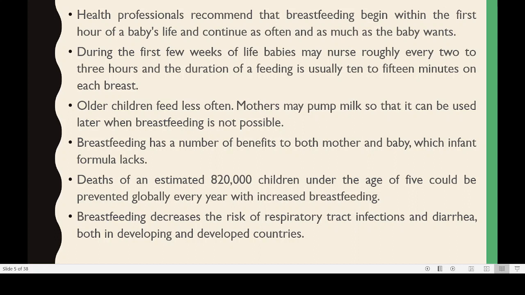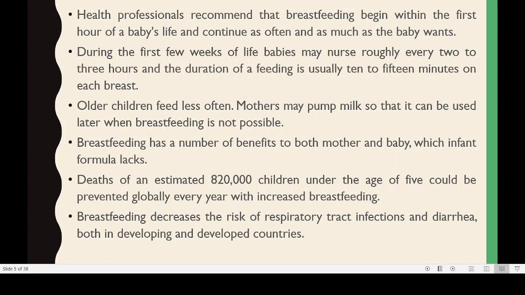Sometimes some women may have problems, but most women can produce milk even immediately after delivery. During the first few weeks of life, babies may need roughly 2 to 3 hours of feeding in a day.